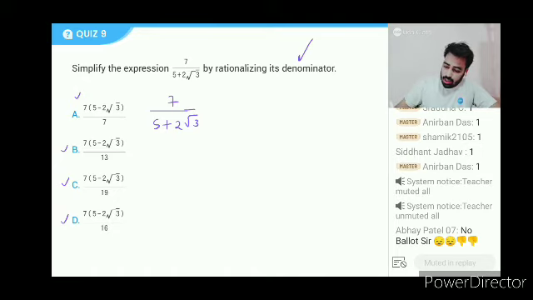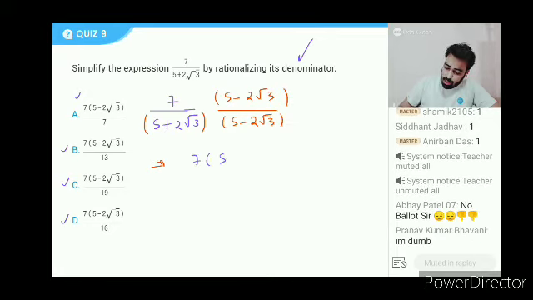Okay. Now I can see that from the denominator it is very much clear that we multiply by 5 minus 2 root 3, 5 minus 2 root 3. The important part is not multiplying the denominator, sorry, the numerator, because the numerator is normal: 7 into 5 minus 2 root 3.